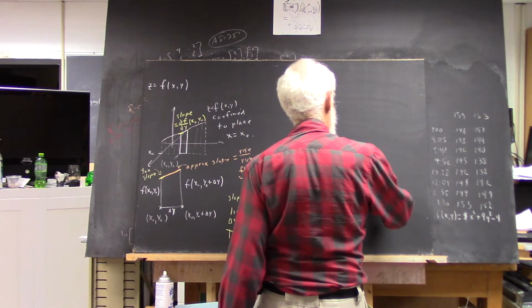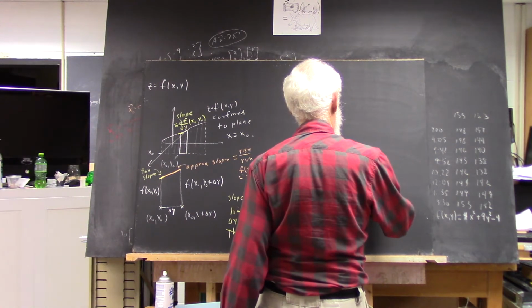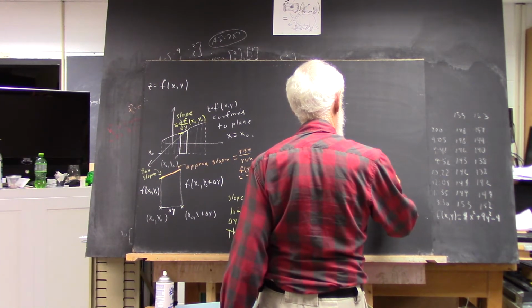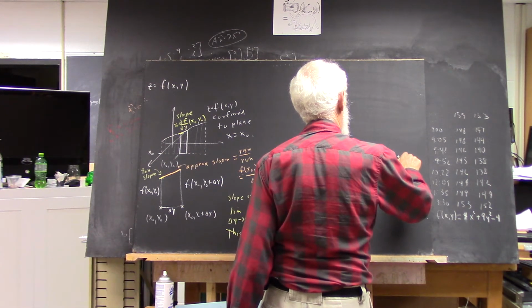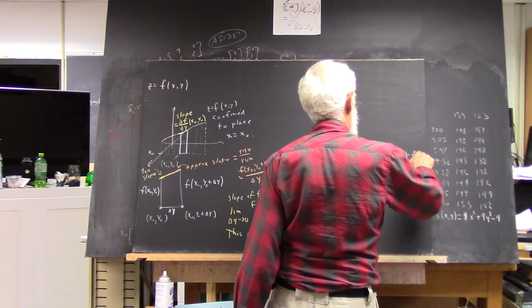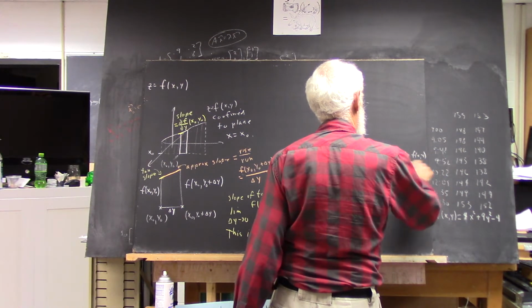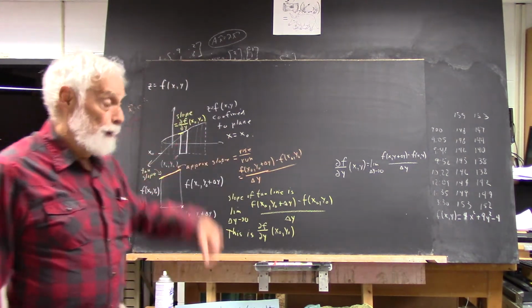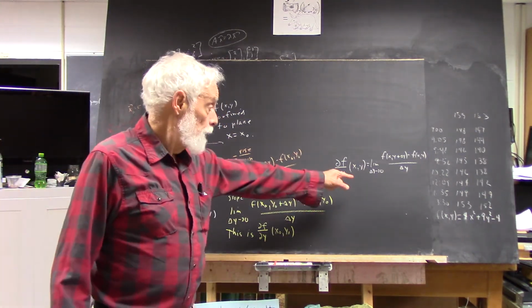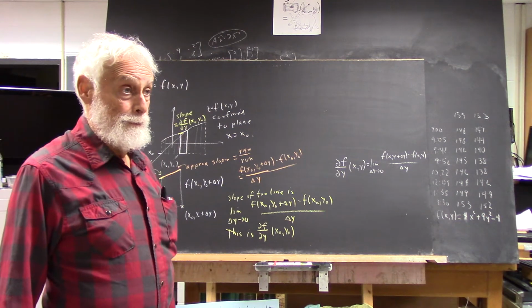So I didn't leave myself much room, but it's the limit as delta y goes to 0 of f of x, y plus delta y minus f of x, y over delta y. And if you have the formula for your function f of x, y, you can easily evaluate this. Okay?